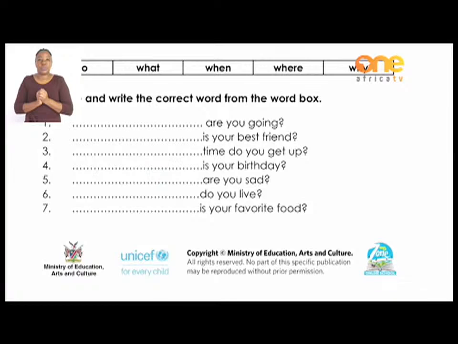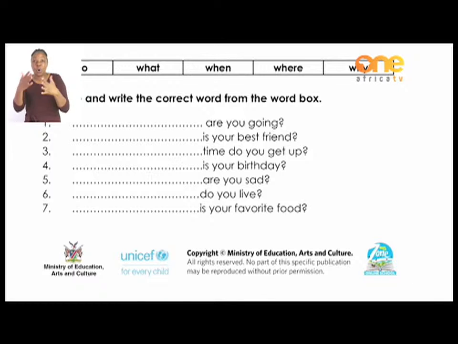Now that we have talked about the different question words, let's take a look at this exercise. It says, choose and write the correct word from the word box. You can see from the word box we have all our question words there. I'd like us to do number 1 together. It says, dash are you doing?